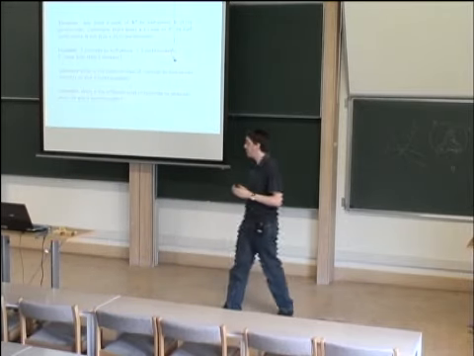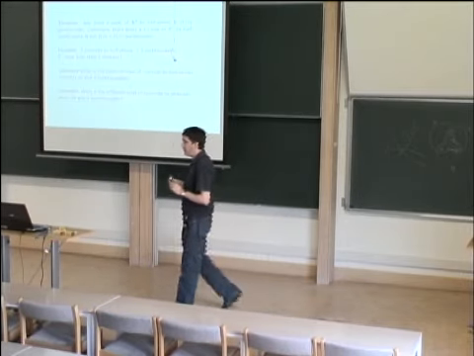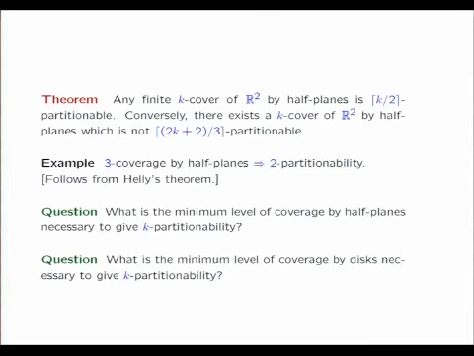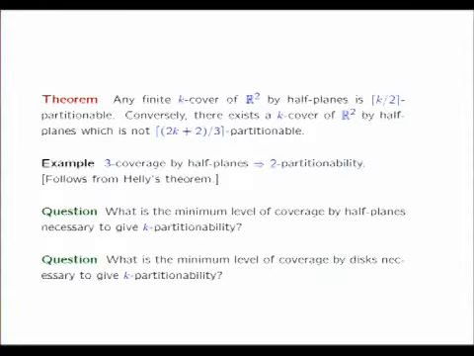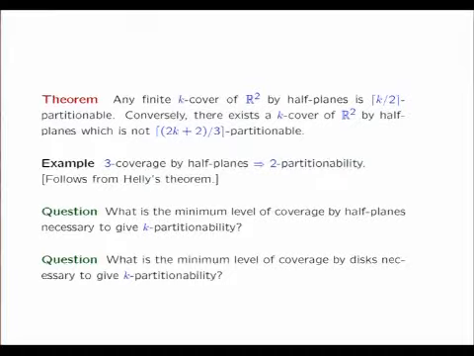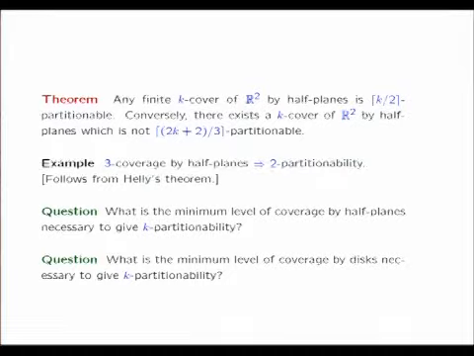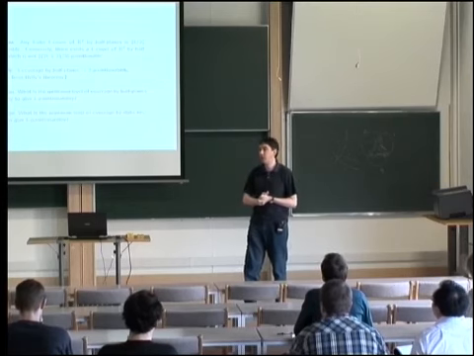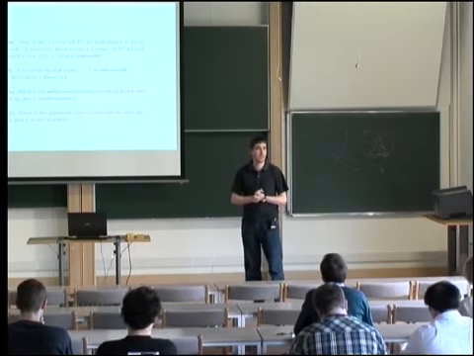Okay, later on we're going to be interested in half planes, which actually we do know the answer for. If you 3 cover by half planes, then it is 2 partitionable. This is actually a consequence of Helly's theorem, or is a simple 5-minute exercise.